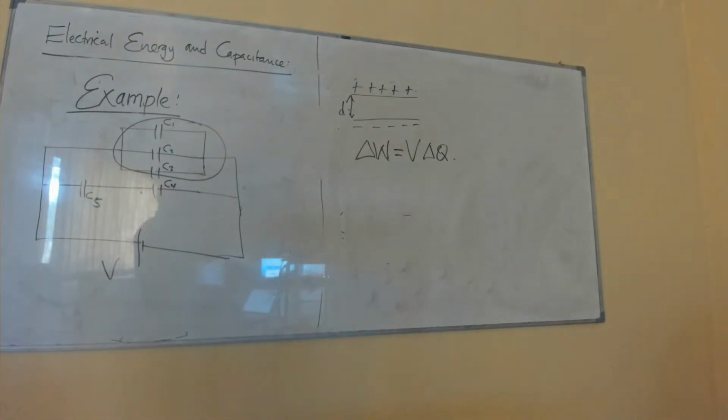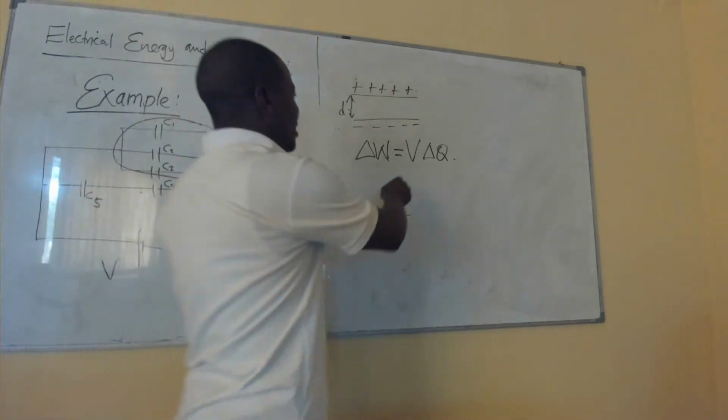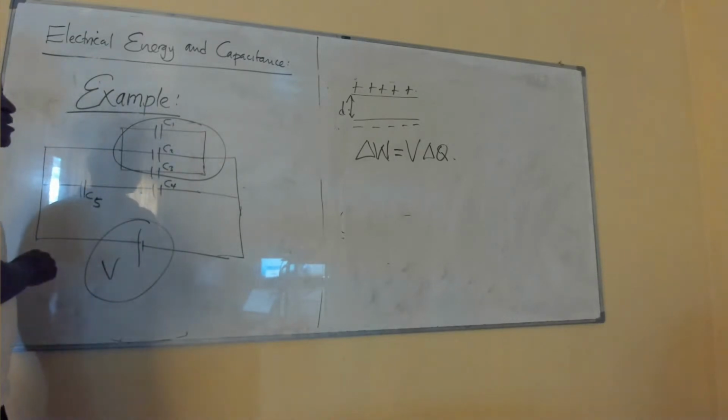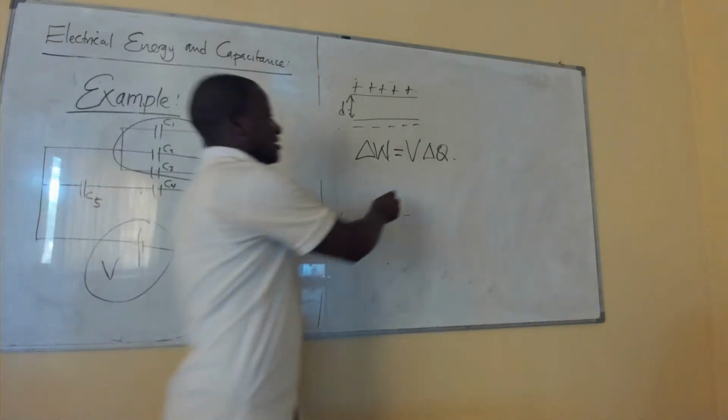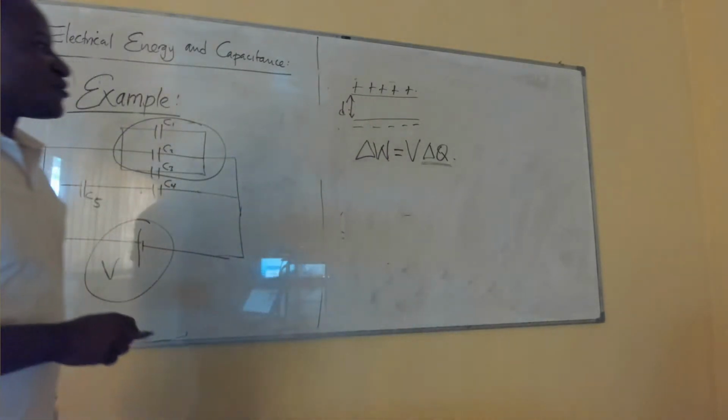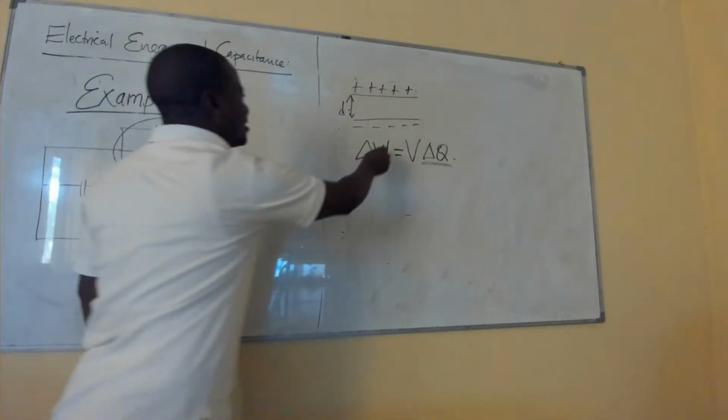At times you may be asked to determine the amount of energy that is stored in a given capacitor. When you have the voltage source, which is this one, then you have the change in the charge that gives you the change in the work done.